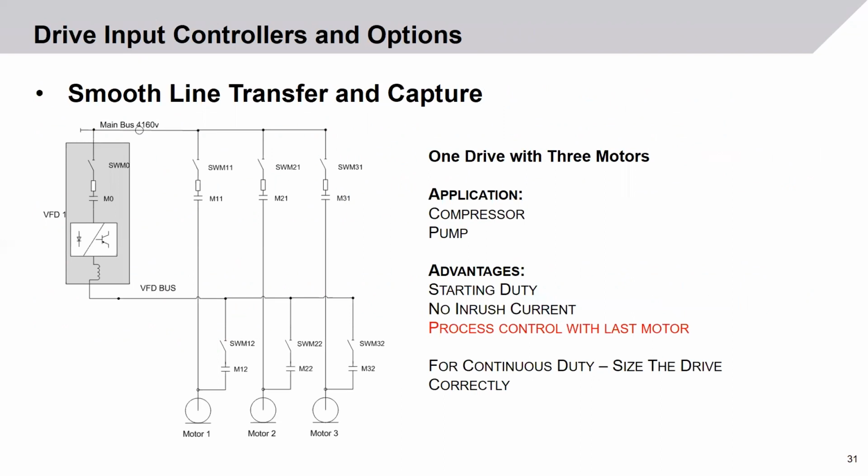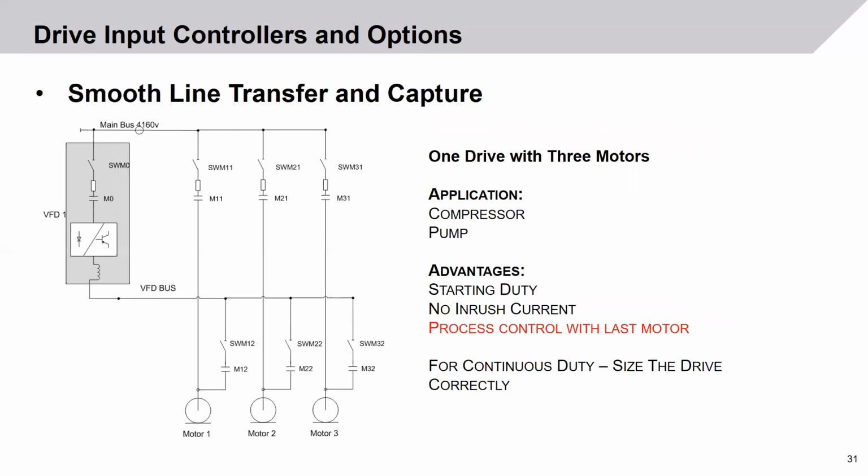So as we see here, smooth line transfer and capture, we have one drive and 3 motors. If you envision a compressor or a pumping application, and I'll use a wet well for an example, you have 3 motors on the perimeter of a wet well, and flow required is less than 60 hertz.